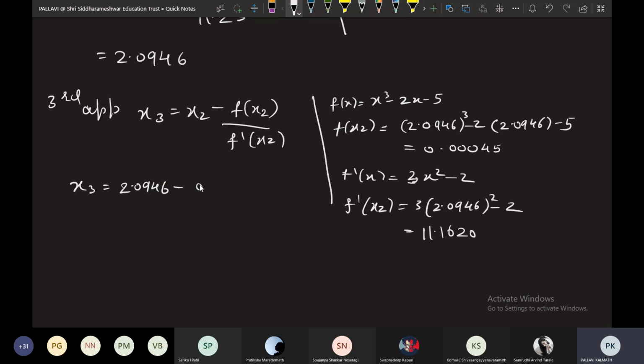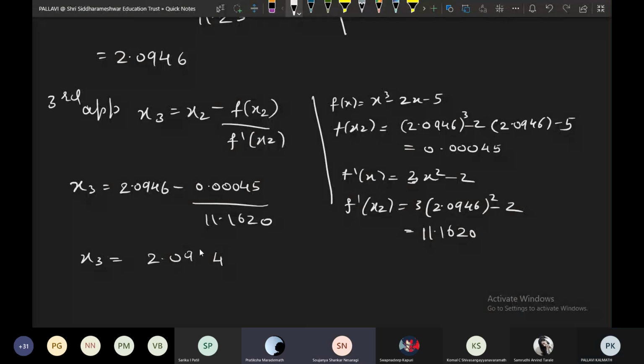How much did you get? 0.0005 divided by 11.1620, and check what is the answer. 2.0946. Is it 0.0045? No, it is 0.0005 only. Okay, 5 at last. Yes, ma'am.